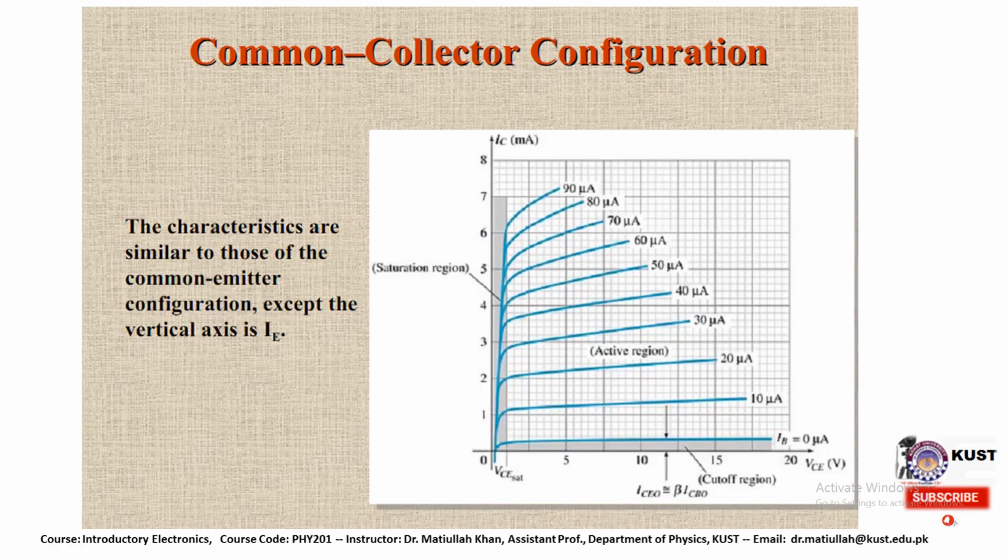We have the characteristic curve for the common collector configuration as well, where different currents are presented here, and the curves are drawn between the emitter current and the collector to emitter voltage. So these characteristics are similar to those of the common emitter configuration, except there are some changes. That is, the vertical axis is IE in this particular case, and in the other case it is IC.